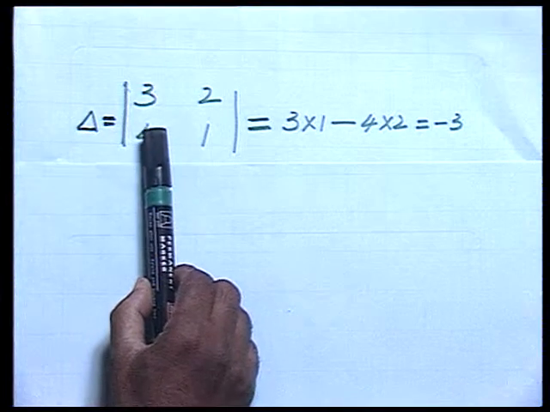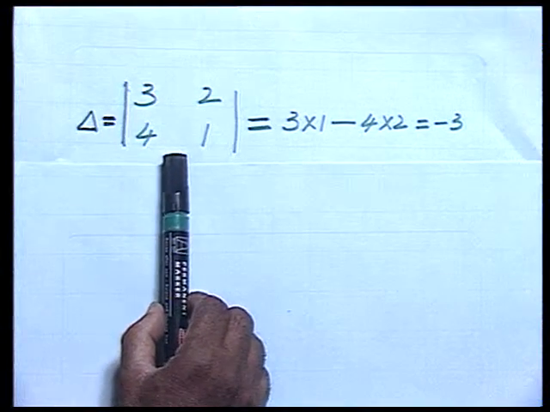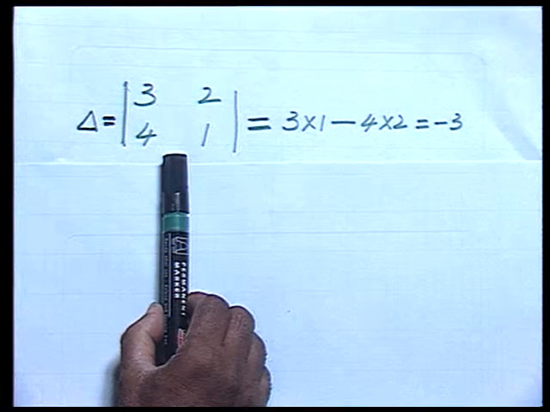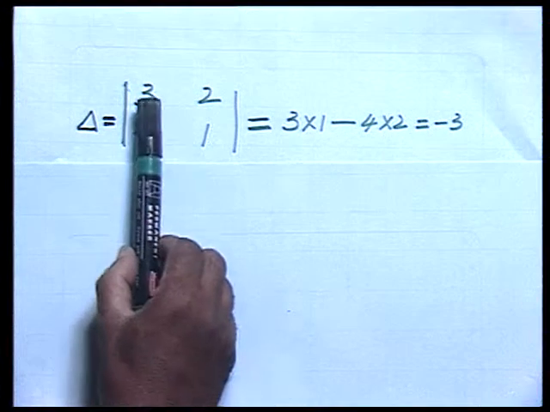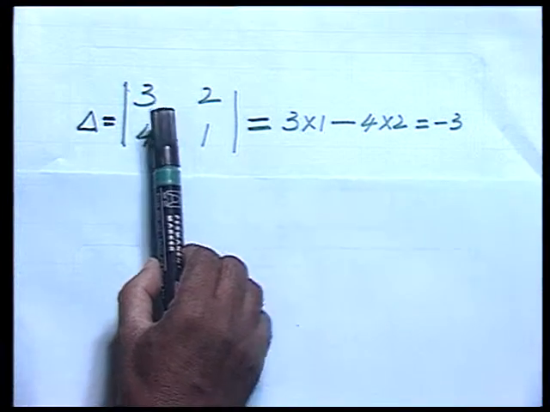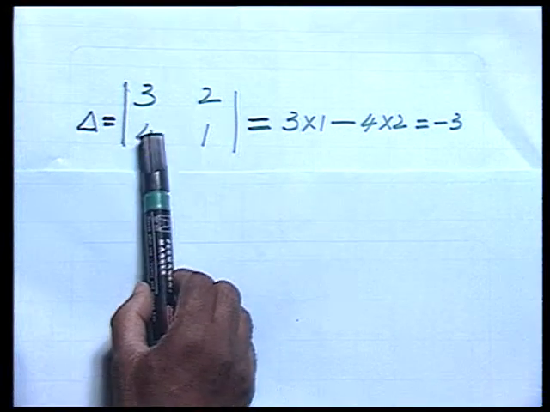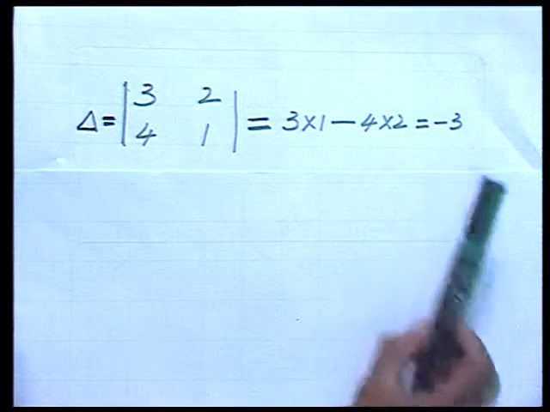So, let us take a determinant of order 2 and see how we found the value of this determinant. This is the determinant of order 2, and when we expanded this, we multiplied these two elements, subtracted the product of these two elements and got the value.